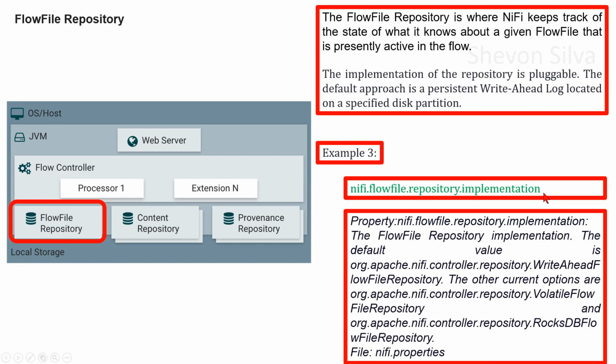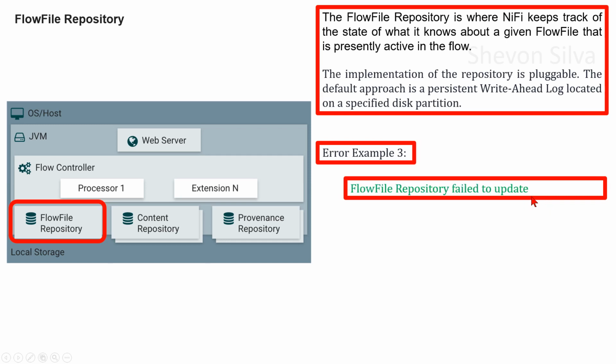The other current options are org.apache.nifi.controller.repository.VolatileFlowFileRepository, and org.apache.nifi.controller.repository.RocksDBFlowFileRepository. This property is available in the nifi.properties file.